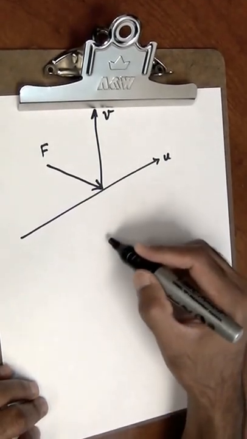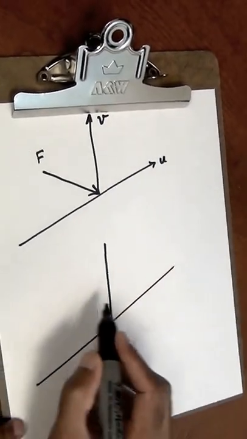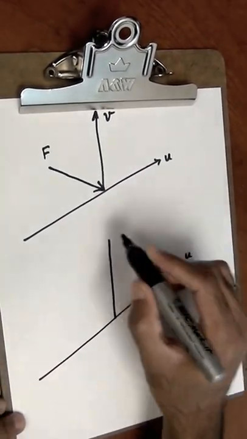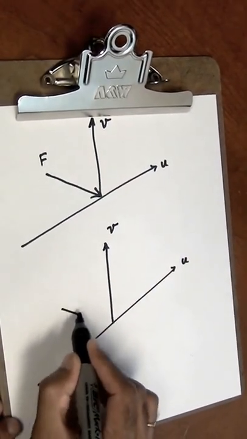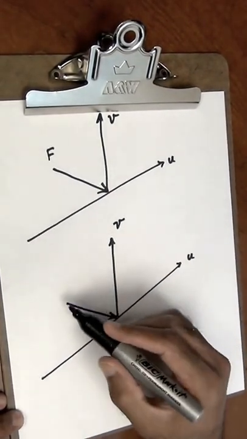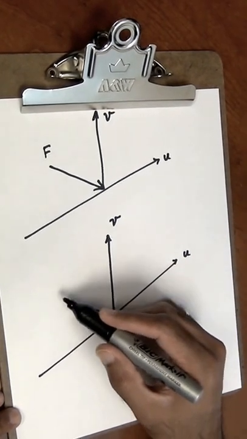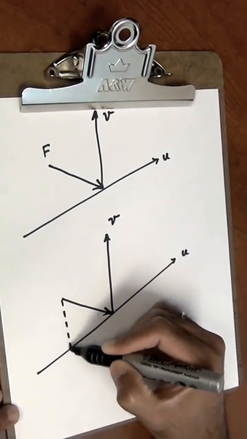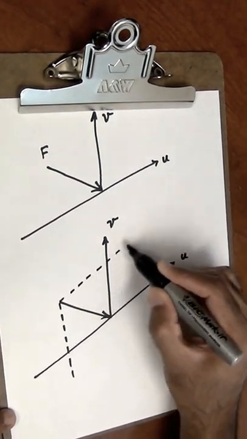So once again I redraw my U and V directions. This is the U, this is the V direction. I have the force vector which is given to me originally. This is the force vector F. I draw a line from the tail here, parallel to the V direction. I draw a line from the tail parallel to the U direction.